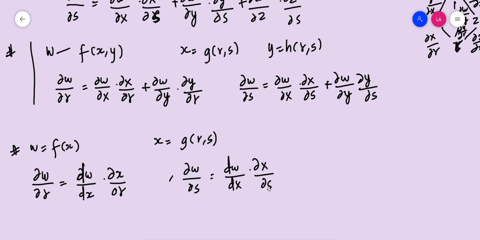So this is actually the idea. The corresponding tree diagram is: w depends upon x, which depends upon s and r. So this is dw by dx, this is dou x by dou s and dou x by dou r. So this is the idea.